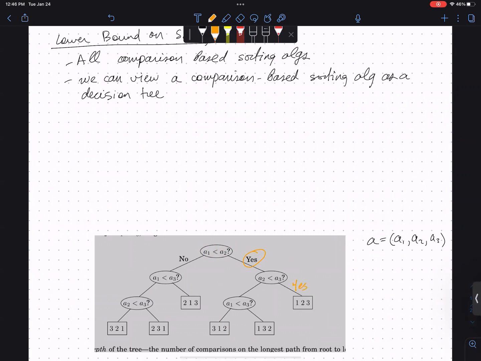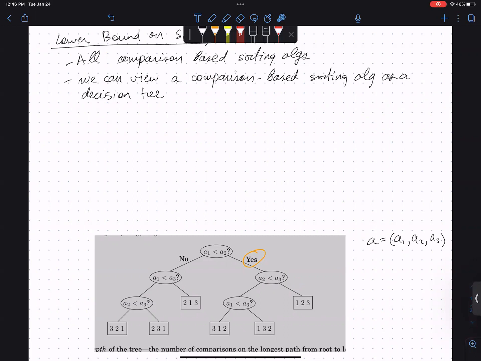Then we ask, is A2 less than A3? If yes, then we recurse to the right. Now that A1 is less than A2 less than A3, I know the order of the elements in the output. It's A1, A2, A3. We don't have to change the order at all.